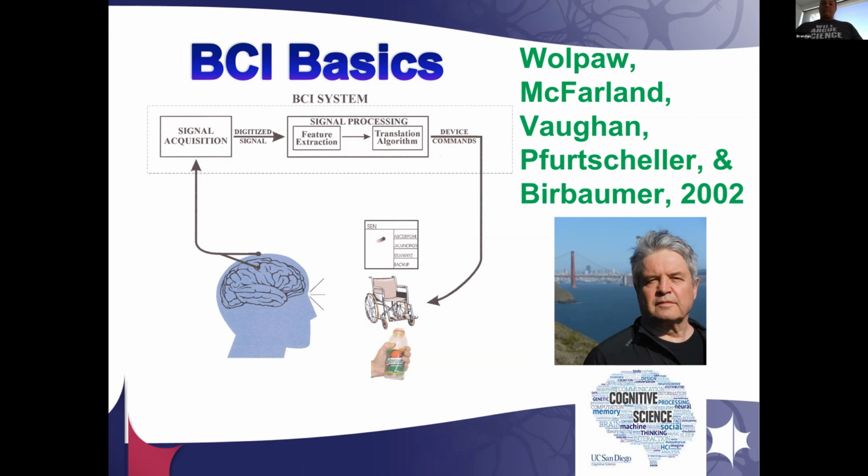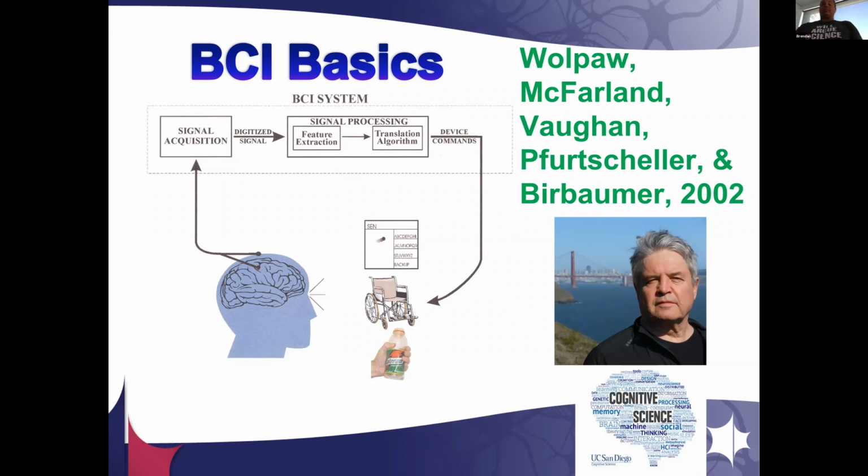And the left side overall shows that you have the first component, which is signal acquisition. You have to get the signal from the brain. This might be from signals recorded outside the head, such as MEG or fMRI, or something on the surface of the head, or you might have something inside the head. Then you have signal processing, which basically means you have all these squiggly lines on paper.